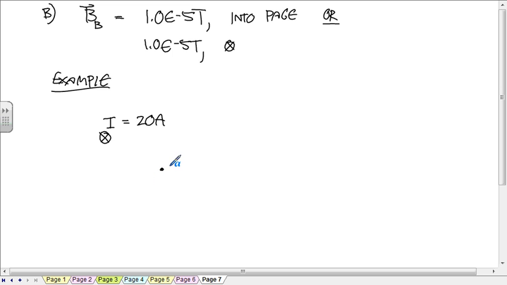And let's say that the point where we want to know the magnetic field vector is at a distance of 0.2 meters. What's the magnetic field vector at the point A?